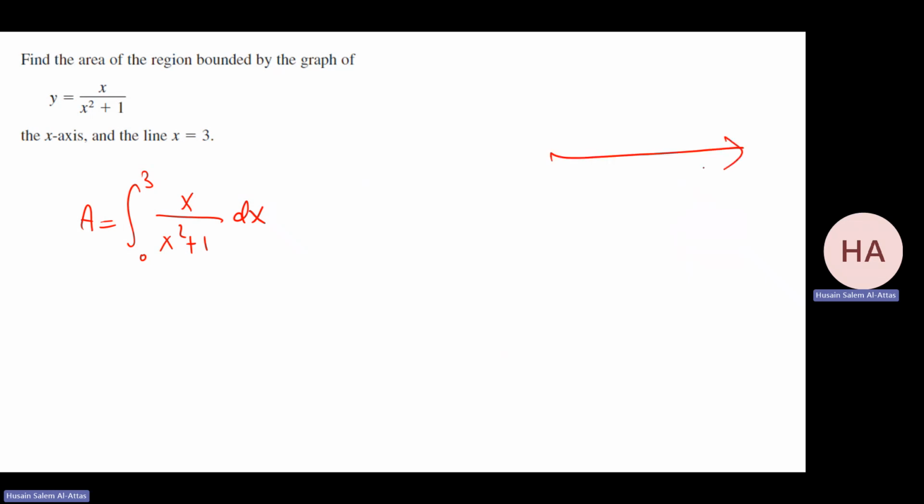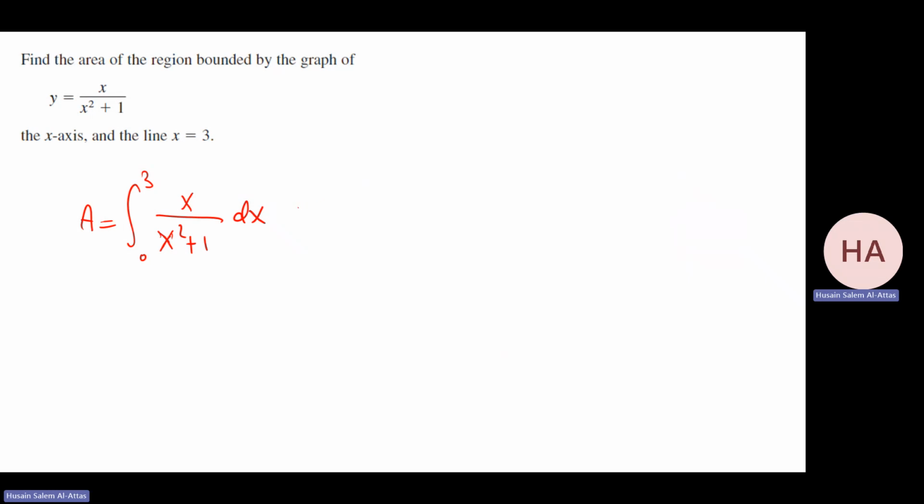If there is a function and another function going up and down, the area between them will change: this minus this or this minus this. All of these things about areas will be discussed in 7.1. But now we are just dealing with areas where the questions are easy to integrate.